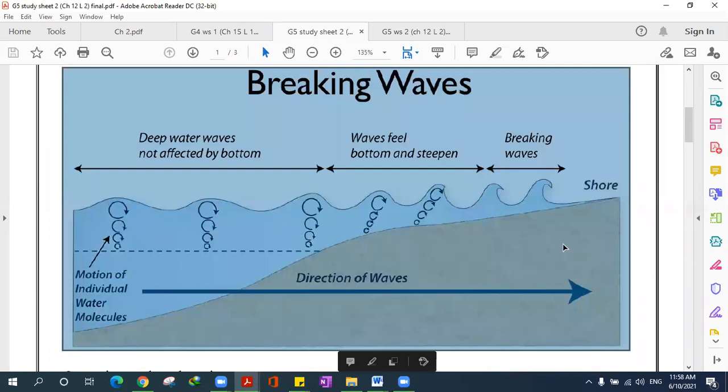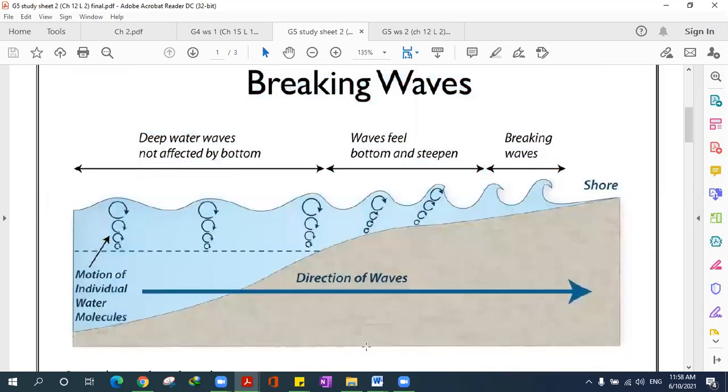What we mean is that the waves are actually formed because they get closer to the land, and that's what we call breaking waves. We can say that when waves feel the bottom or the steepness of the bottom, they start breaking down and making the regular shape of the wave that all of you guys know.